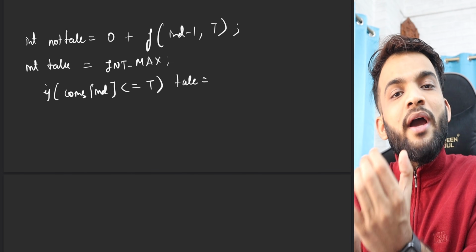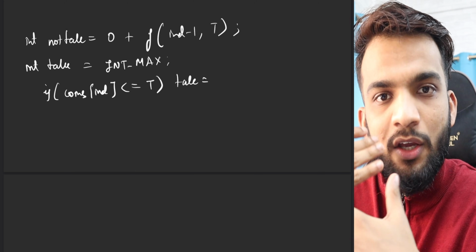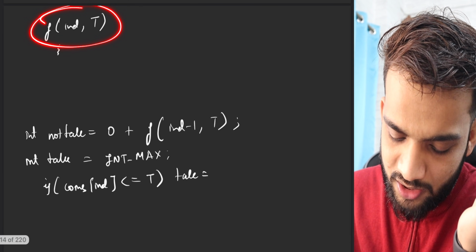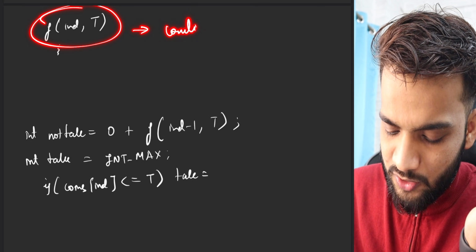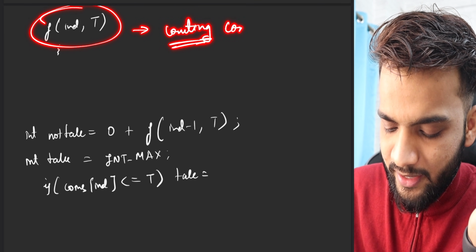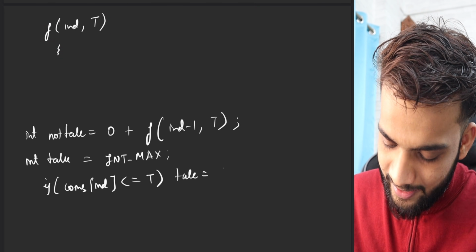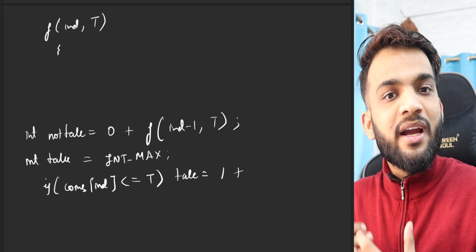Now, if you're taking a coin into your denomination, let's understand. If you're taking a coin, what is this function doing? This function is counting coins. So, how many coins are you taking? One, and the rest for the remaining target you have to figure out.